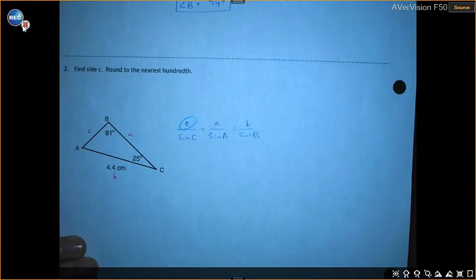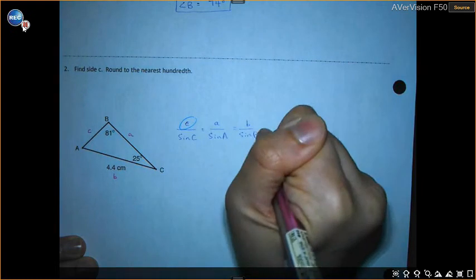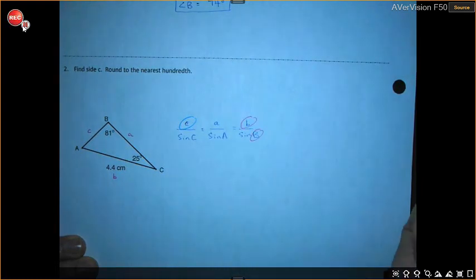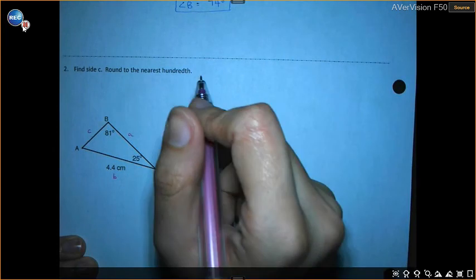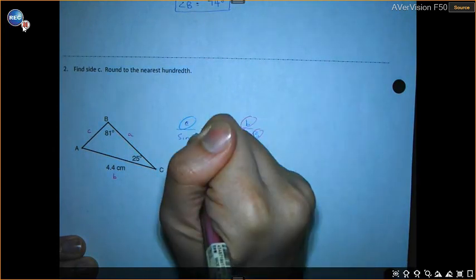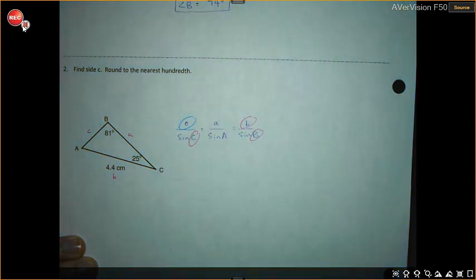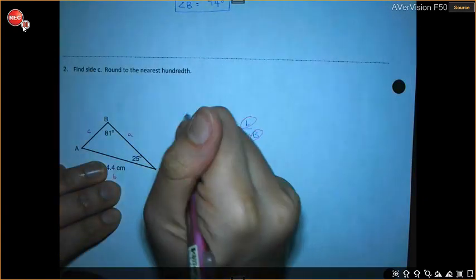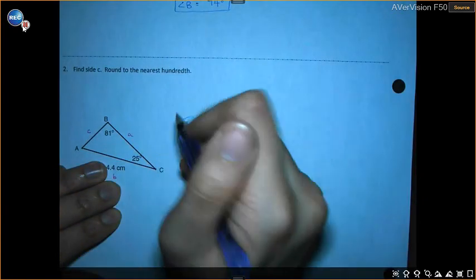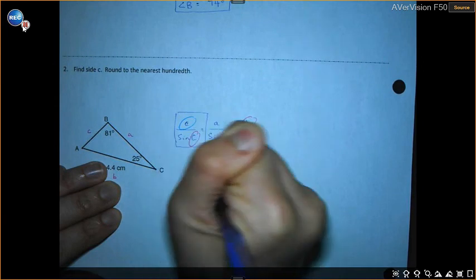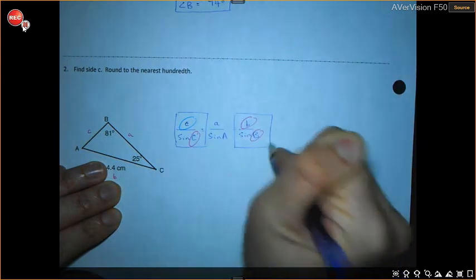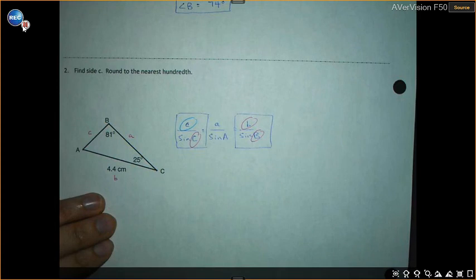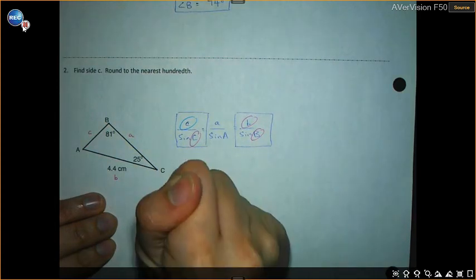I'm given angle B, side B, and angle C. So we're not given anything for A. So this time, to find side C, I'm going to set this ratio equal to this one and solve for C. Let me just sub in what's given.